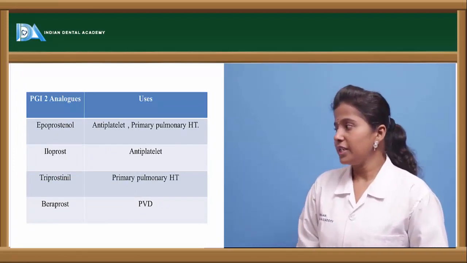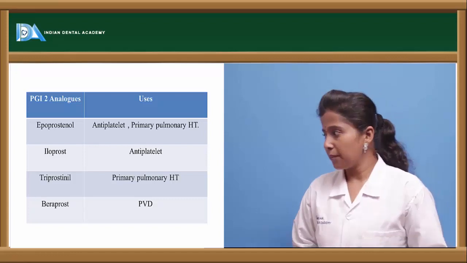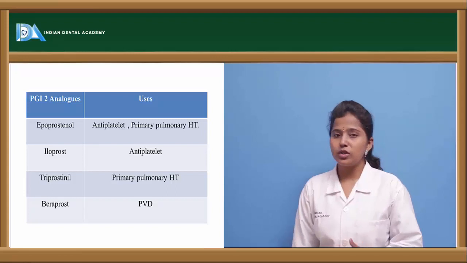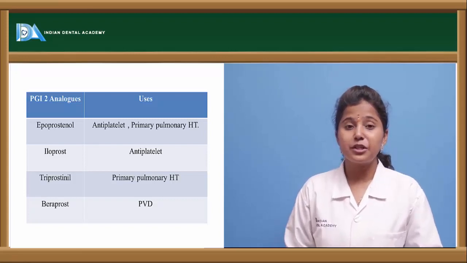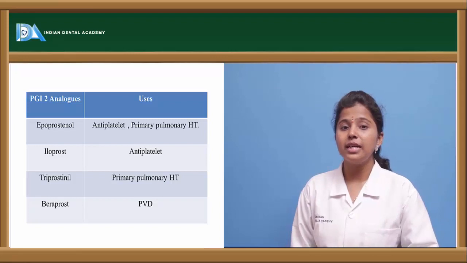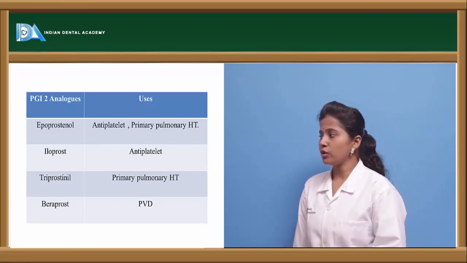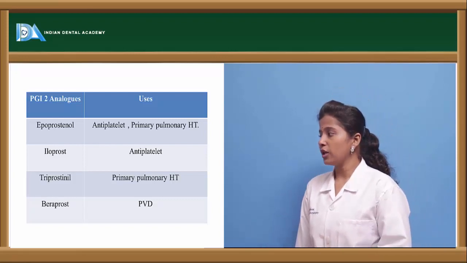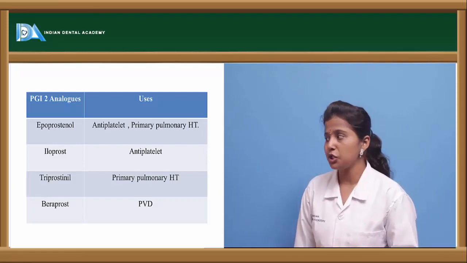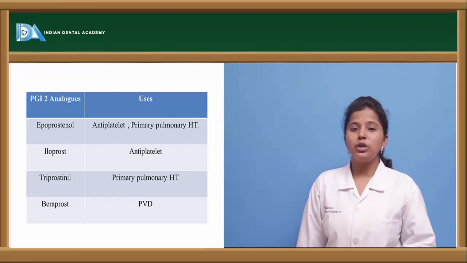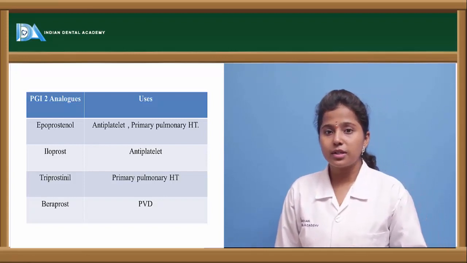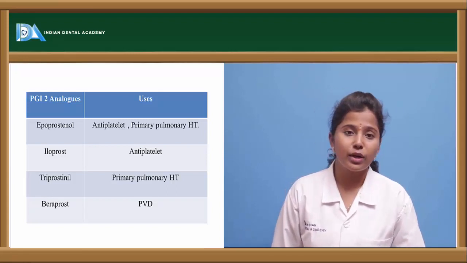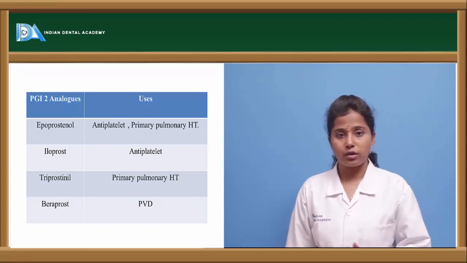PGI2 analogs are beraprost, treprostinil, iloprost and epoprostenol. Epoprostenol is used as an antiplatelet agent, and especially in primary pulmonary hypertension, and iloprost is used as an antiplatelet or anti-aggregation agent, treprostinil is used in primary pulmonary hypertension, and beraprost is used in pulmonary vascular disorders. So these PGI2 analogs mainly exert their actions in cardiovascular disorders.